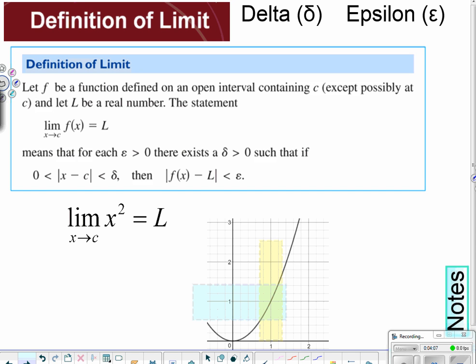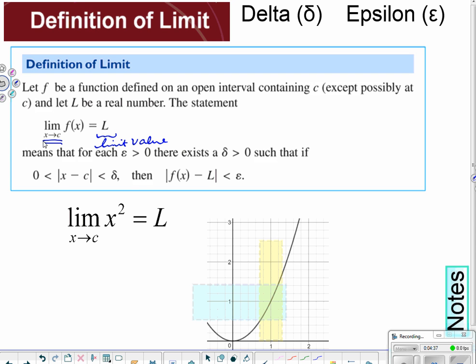So here's the definition of a limit. This is what we would formally call the definition of a limit. Let f be a function defined on an open interval containing c, except possibly not c itself, and let L be the real number, the limit value. So the statement goes like this: the limit as x approaches c of some function equals L, the limit value that we approach, our output.